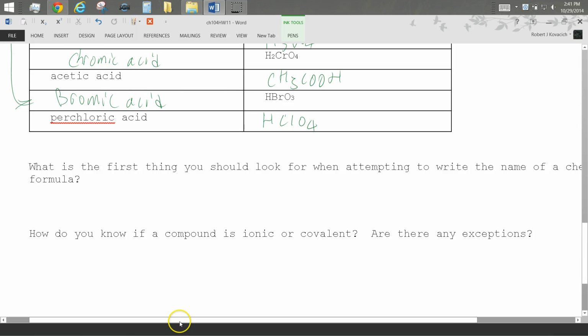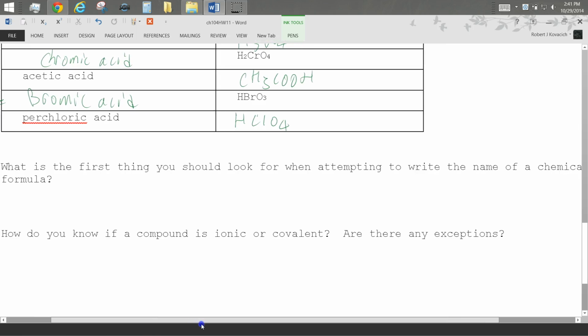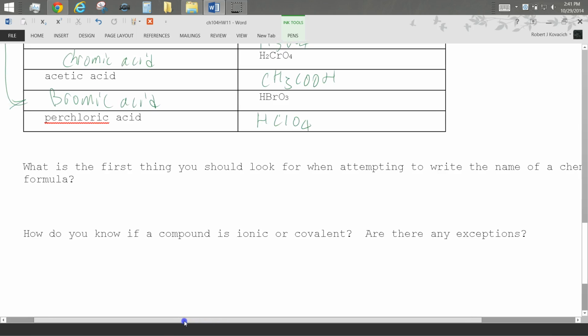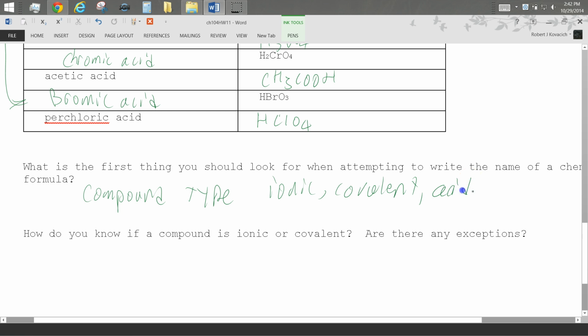So what's the first thing you're supposed to look at when you're naming a chemical formula? What kind of compound it is? Yeah. So we're looking for ionic, covalent, or acid. I need to know which one I'm looking at so I can name that.